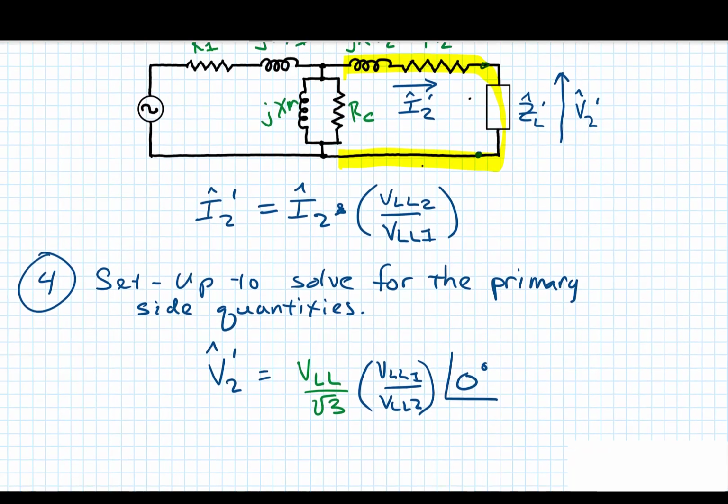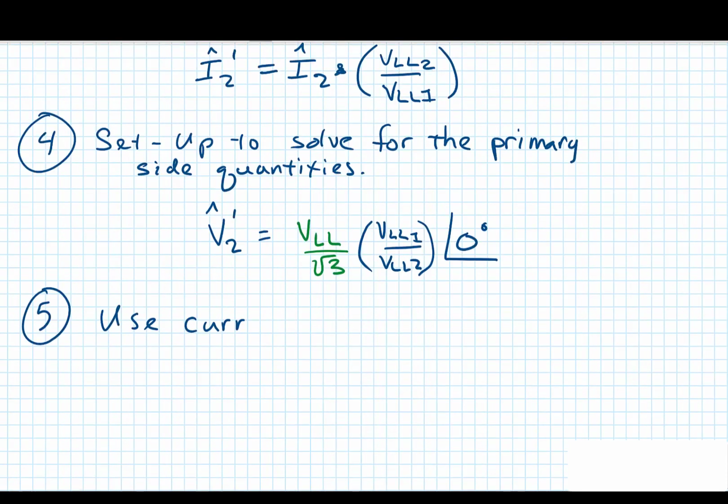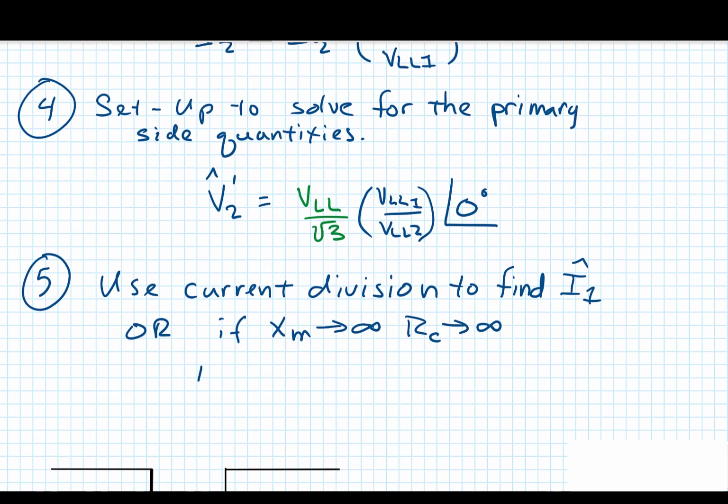So the next step would be to use current division to find I1, or if XM is nearly infinity, very big, and RC, which is what would be the case if they weren't given to you, then I already know I1 is approximately equal to I2 prime.